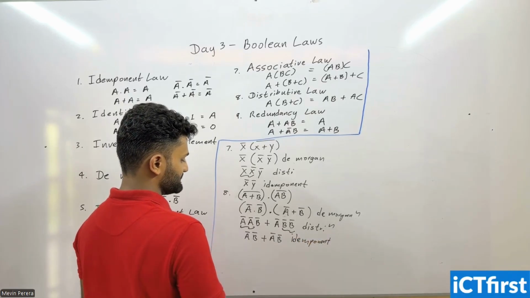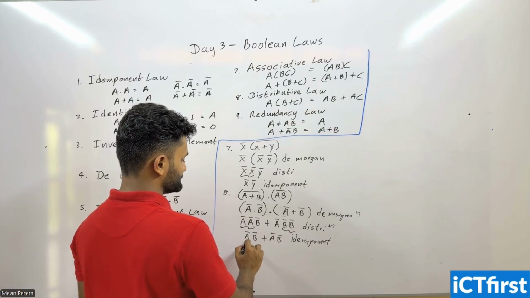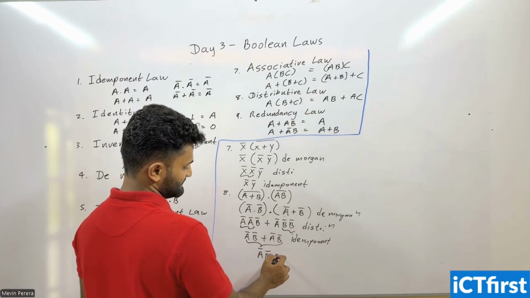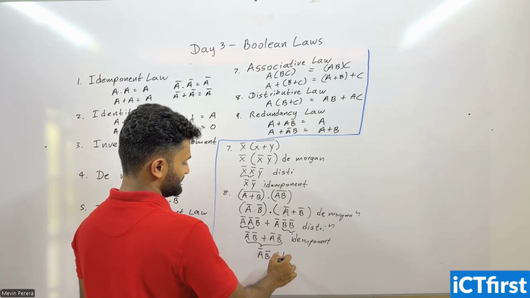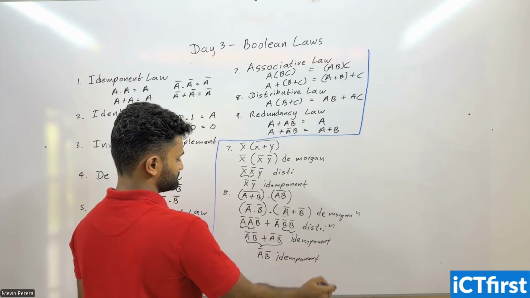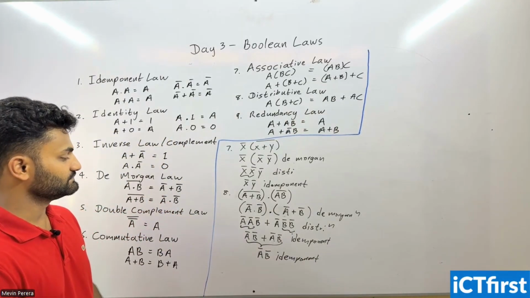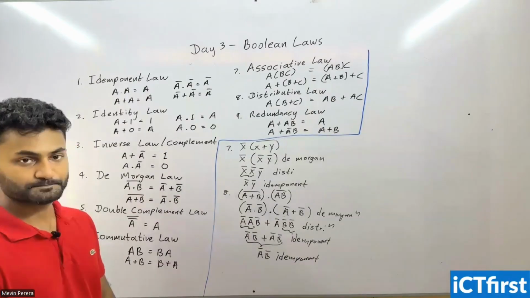The same law which is being applied. So a bar b bar plus a bar b bar. So what is this? a bar b bar. So this is also the idempotent law. So a bar, same thing, is a bar b bar.